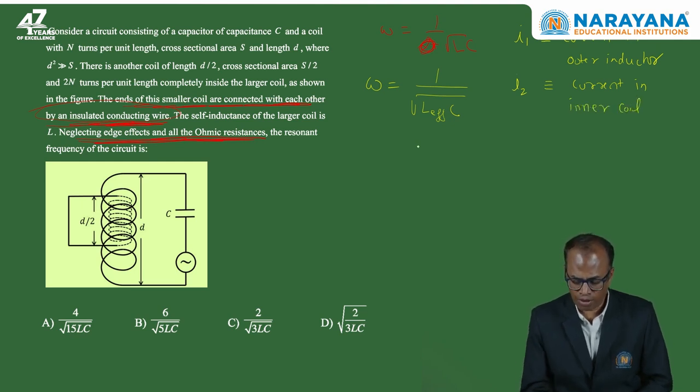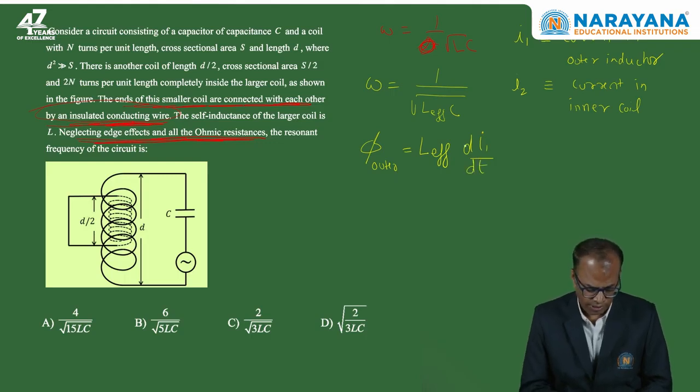Now if I think of L effective, I should be thinking about the total flux through the outer inductor. Sorry, I should be able to write phi as L times I1.